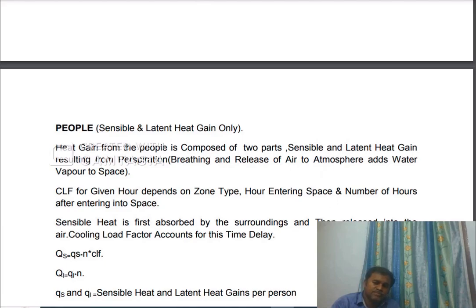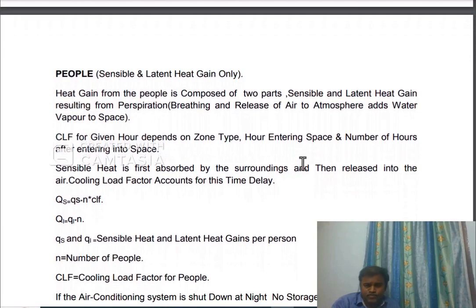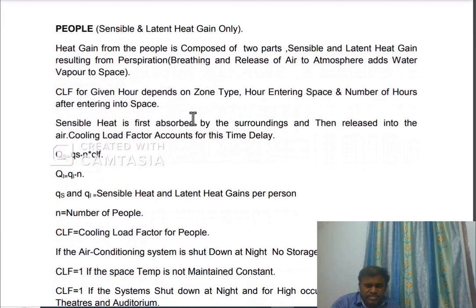Now we will see the formulas for each and everything and how to calculate. For people, since sensible and latent heat gain are there, you take these values from the ASHRAE handbook. So QS is equal to small qs into N into CLF. CLF is the cooling load factor, an adjustment, and N is the number of people inside. QS is the sensible heat load, which you can take from the ASHRAE data book.